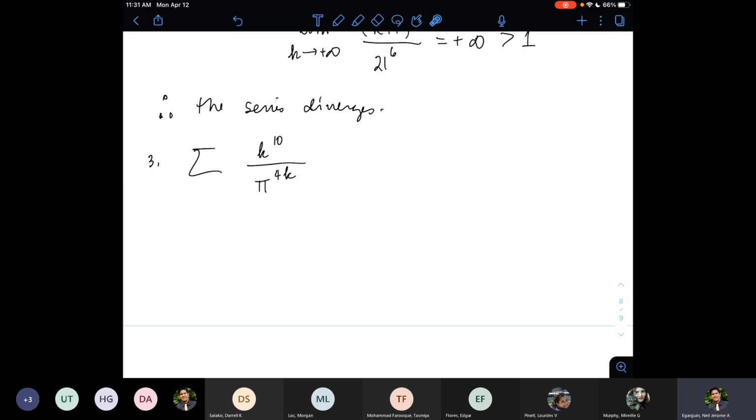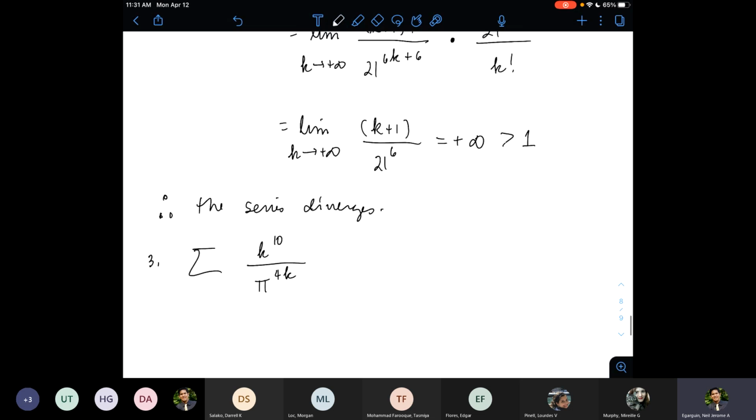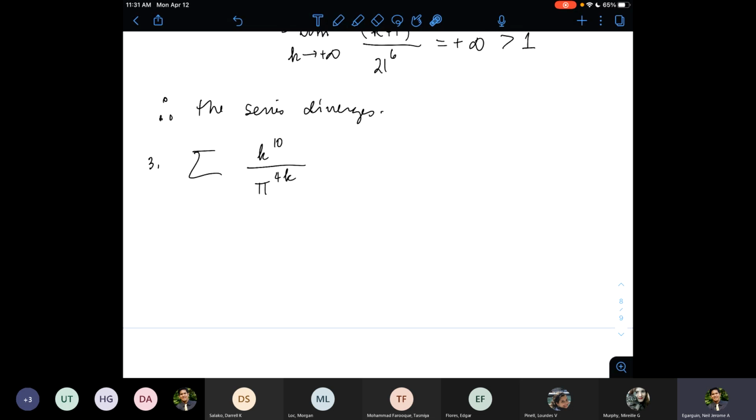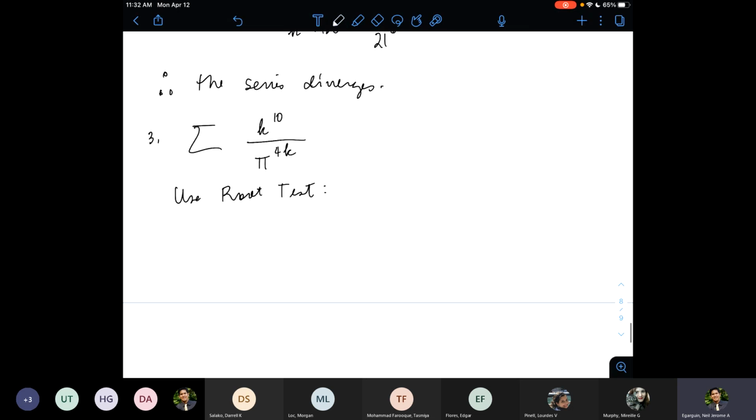You can also use the ratio test here, but I'll try the root test because I don't have any factorials. If it has a factorial, then automatically your go-to test would be the ratio test. If k appears in the exponent and no factorials are involved, perhaps the root test would be easier. Though they are equivalent, the ratio test will also apply. I just think that the root test will be easier.